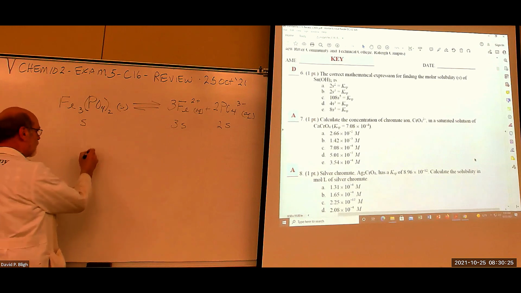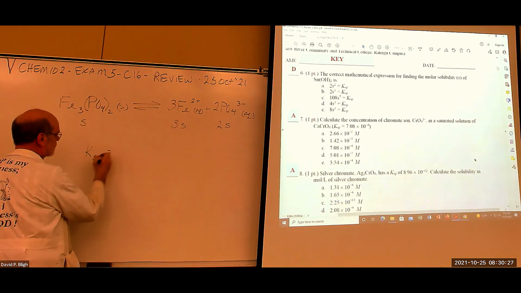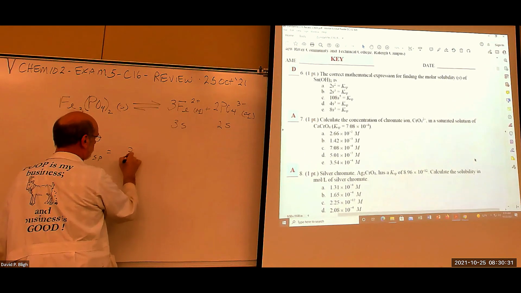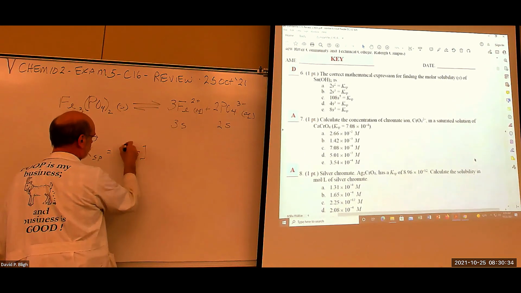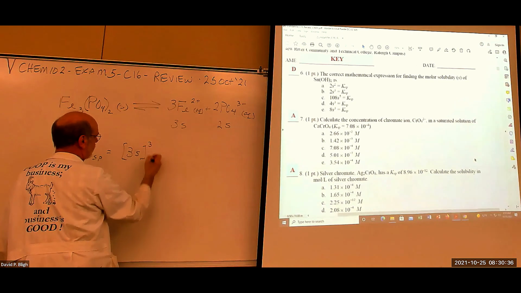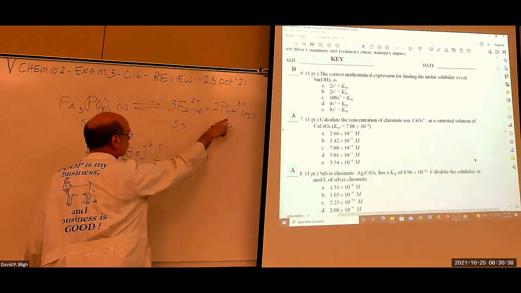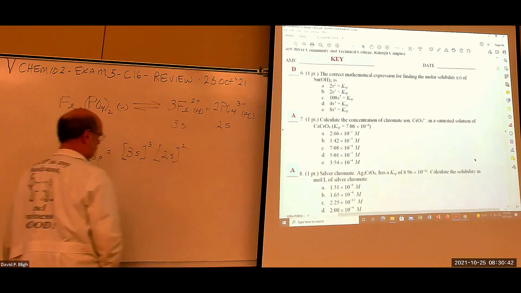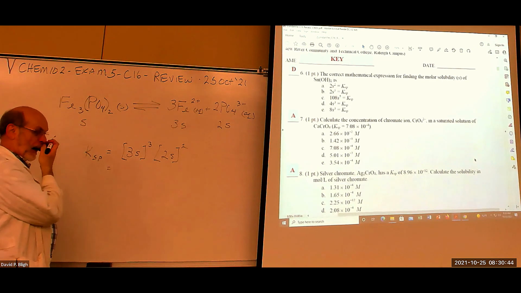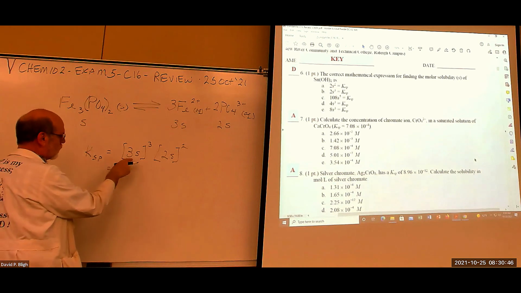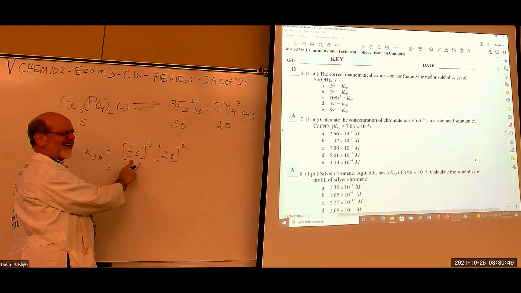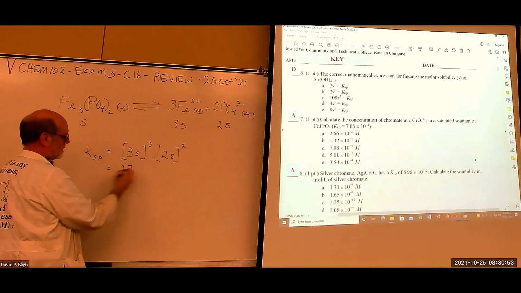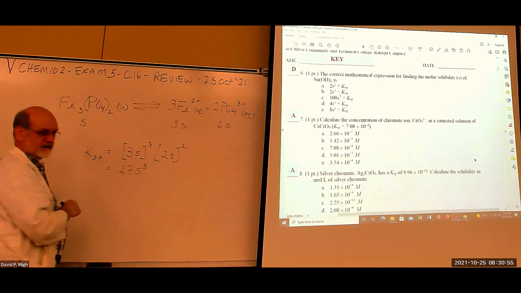Okay. So our Ksp is going to be this one to the third power, and this one to the second power. Okay. So 3 times 3 times 3 is 27 S cubed.